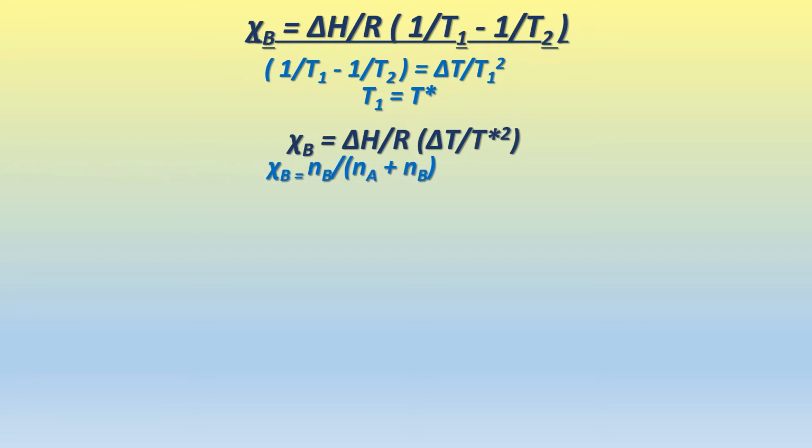By definition, the mole fraction is the moles of solute over the moles of solvent plus solute. Again, this can be approximated since it's a dilute solution. There's very little solute in it, so the mole fraction of the solute can be approximated as the moles of solute over the moles of solvent.